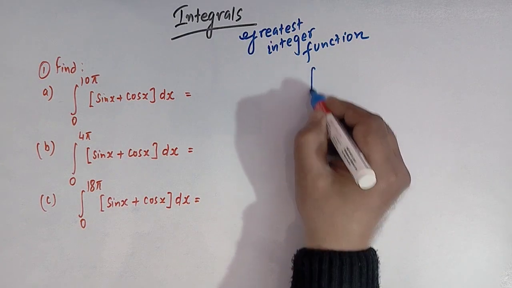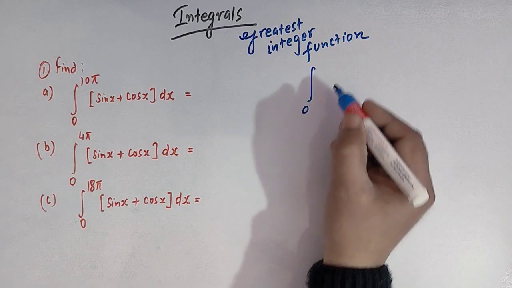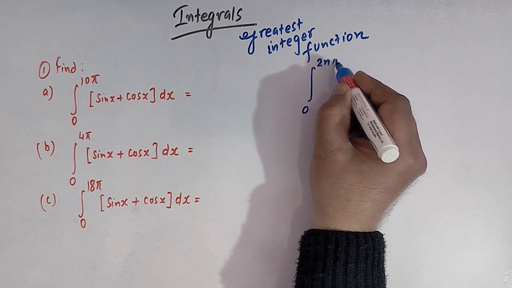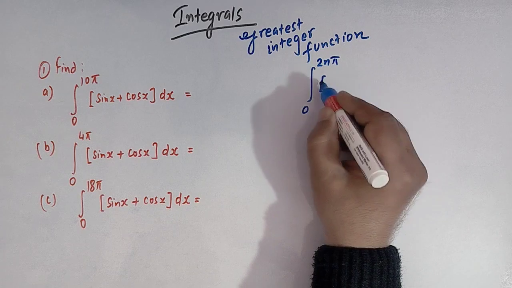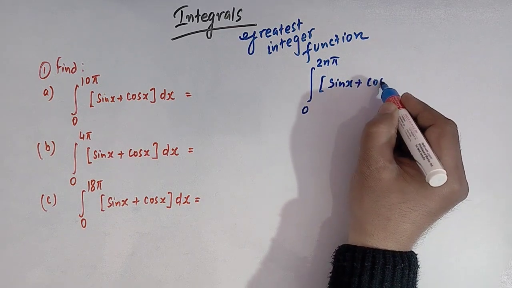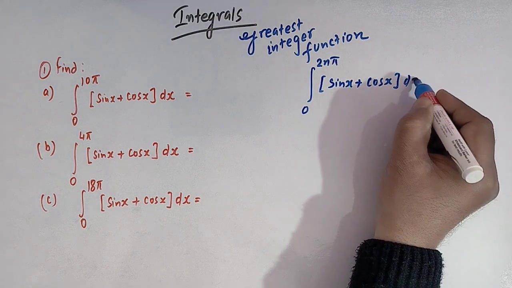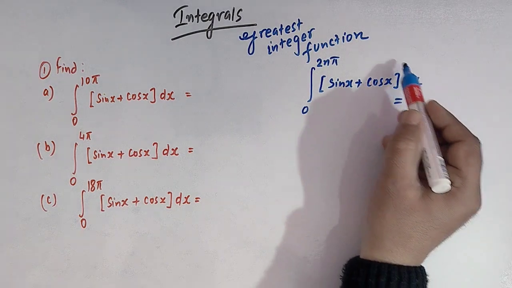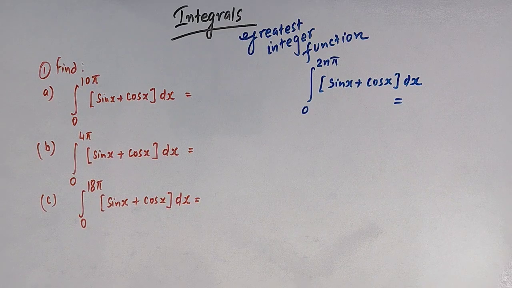If we write an integral from 0 to 2n pi, and for the integrand we have the greatest integer of sine x plus cos x dx, then what is the value of this type of integral?